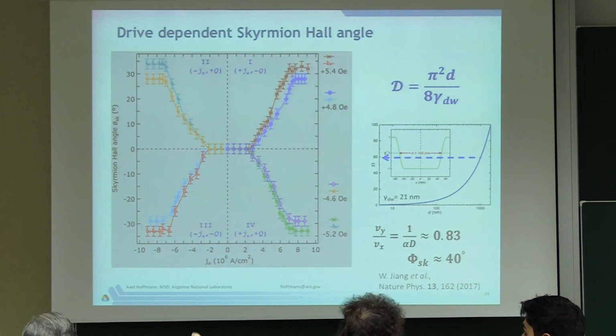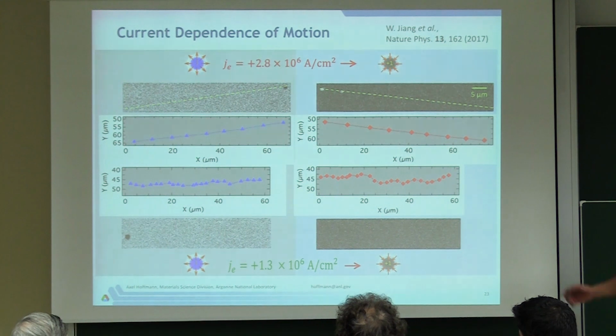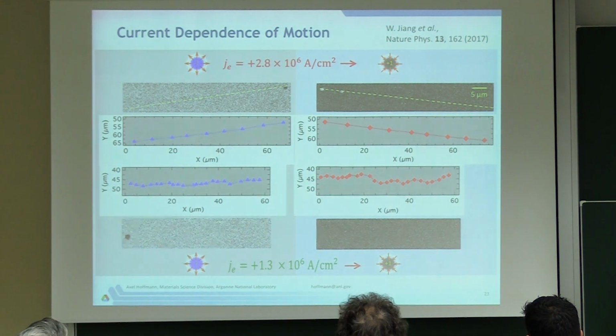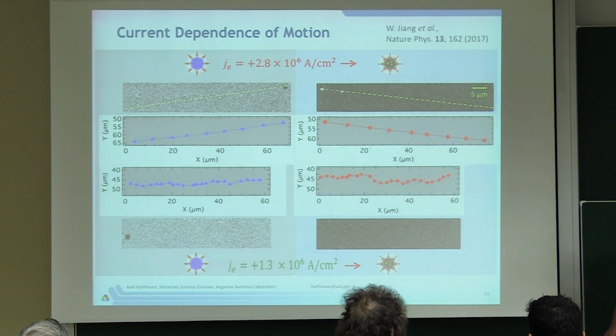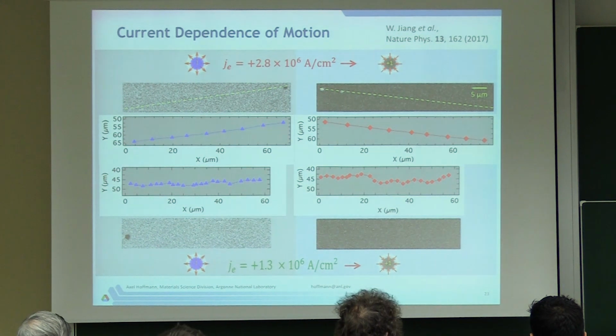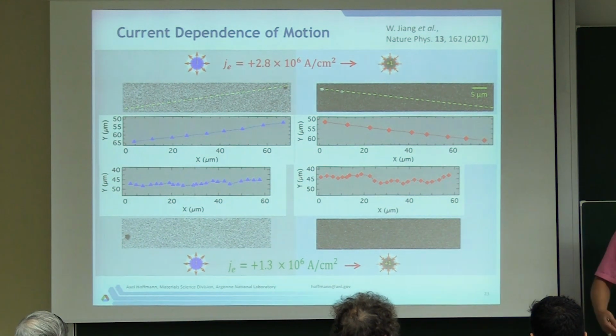There's a question. What was the temperature of this? It's all room temperature. I'm only showing room temperature to make things easy. These are the kind of currents, you said this is for the domain wall, so you're back to 10 to the 6 amps. Well, this is per centimeter squared, not per meter squared.